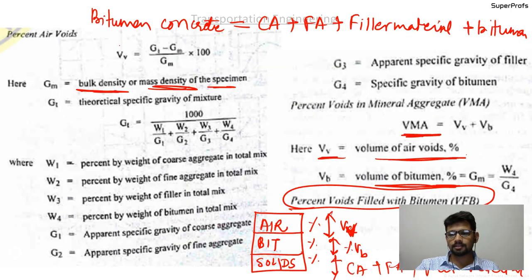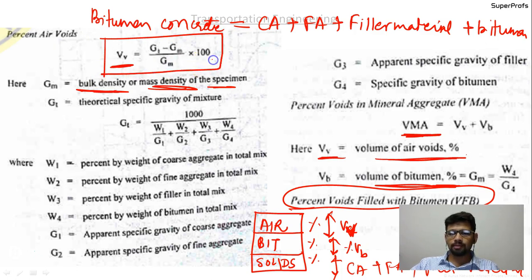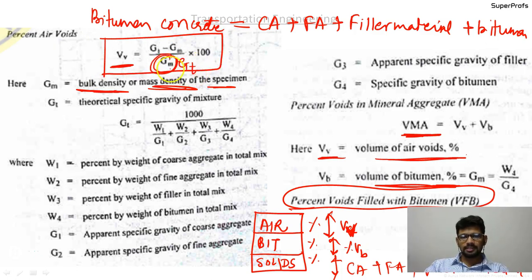The percentage air voids, capital V suffix small v, is given by the formula (GT minus GM) upon GM into 100. Please rectify over here that in the denominator in place of GM it should be GT.